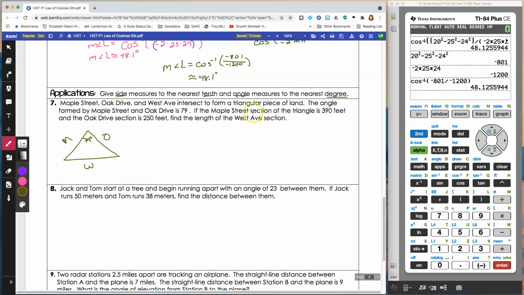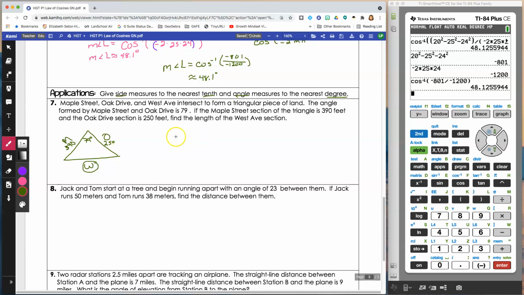If the Maple Street section of the triangle is 390 feet, so this side here is 390. And the Oak Drive section is 250 feet, so this side is 250. Find the length of West Avenue. So this is what we want to find. We're going to find W.